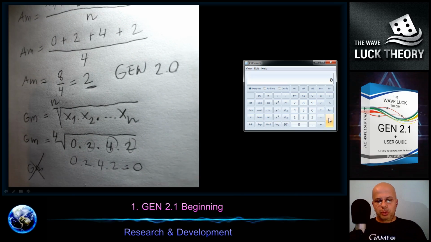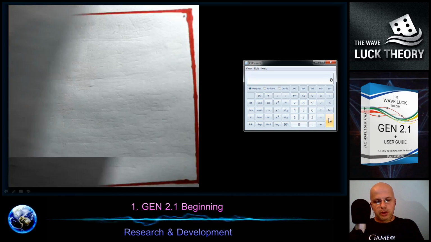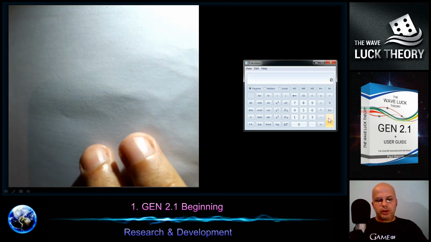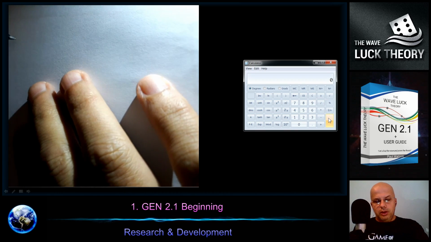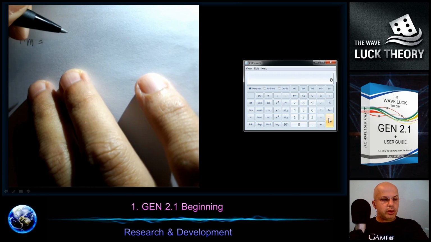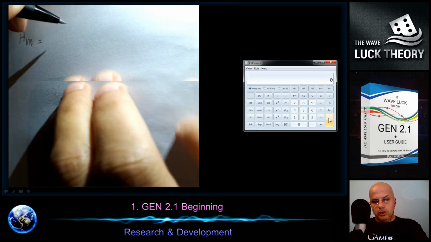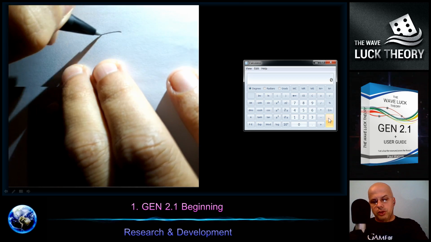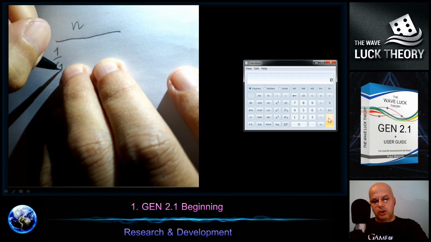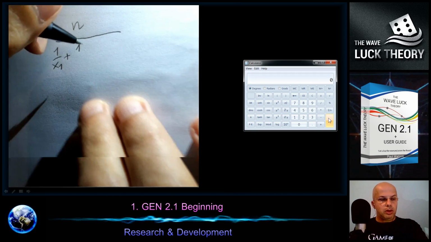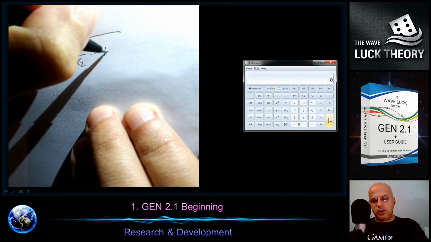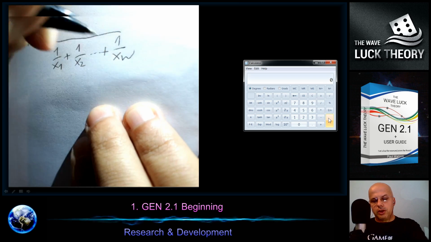Then the third option I was thinking about is to use the harmonic mean, which is calculated as the number of previous draws divided by 1 divided by x1 plus 1 divided by x2, and we can continue plus 1 divided by xn.